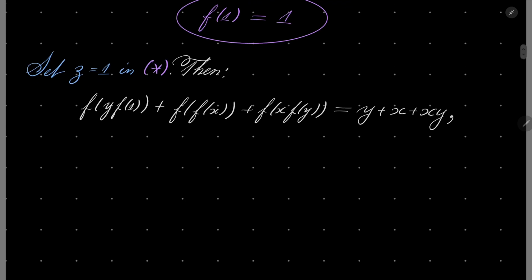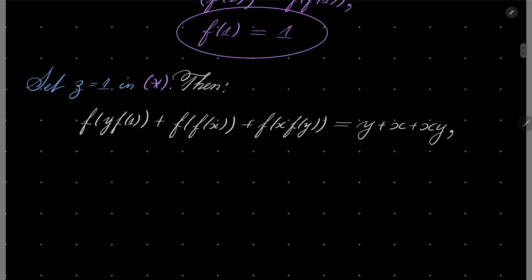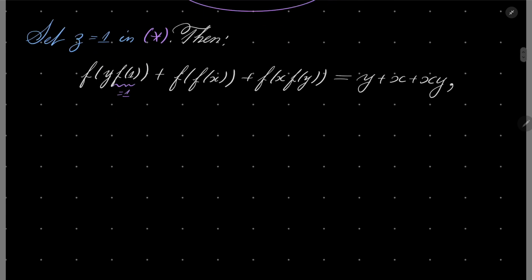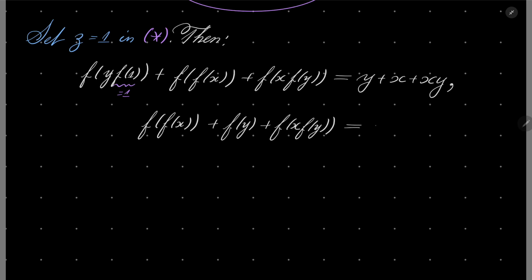Very well. Now, crucially, f(1), we have established it's 1. So we have, after some shuffling, f(x) plus f(y) plus f(x)f(y) equals x plus y plus xy.